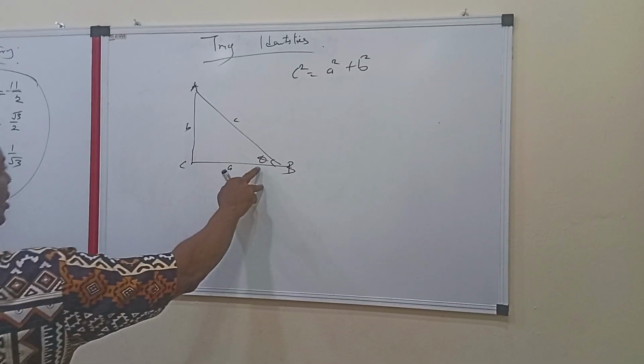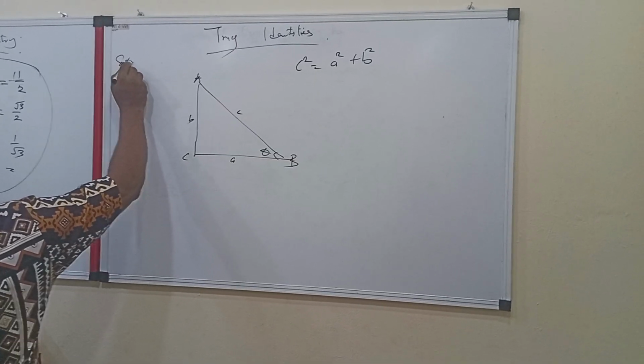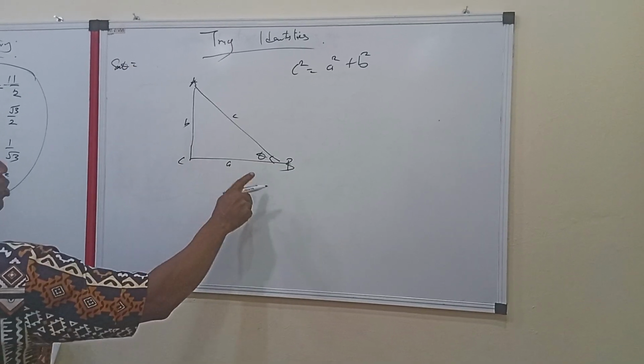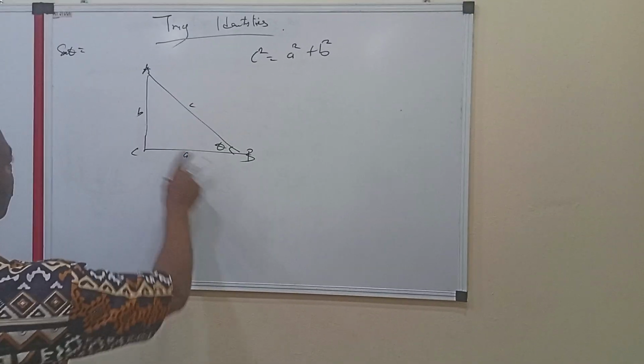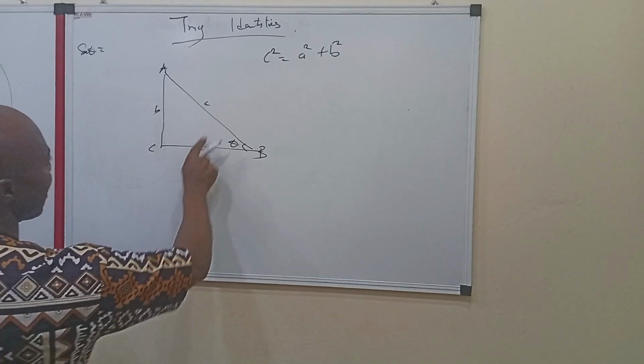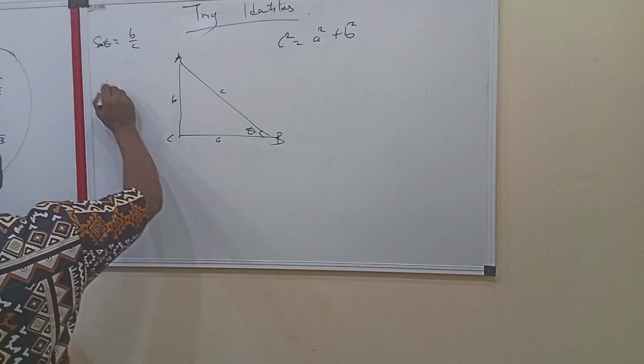But remember that the sine of this angle is equal to opposite over hypotenuse, that is B over C.